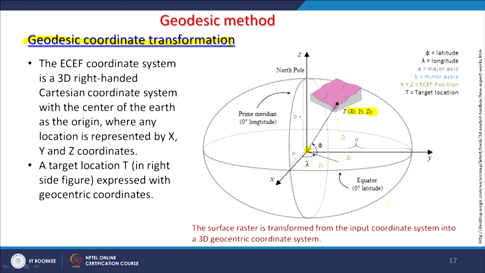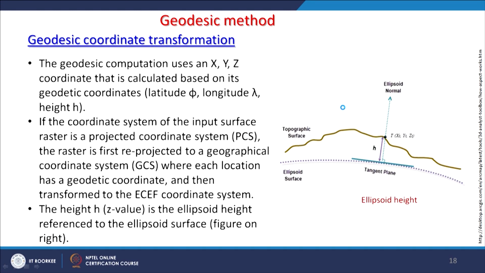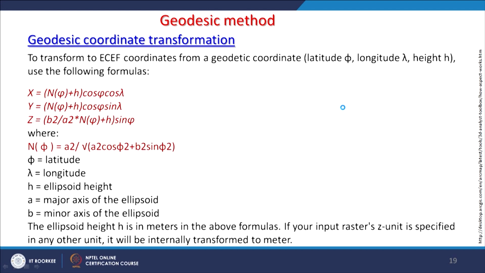in this figure is expressed with the geocentric coordinates, that is target location T. Now, using this you can again calculate aspect more accurately, and the same discussion about the geocentric or geodesic coordinate transformation we have discussed in the slope discussion. So, I will move forward on this one.